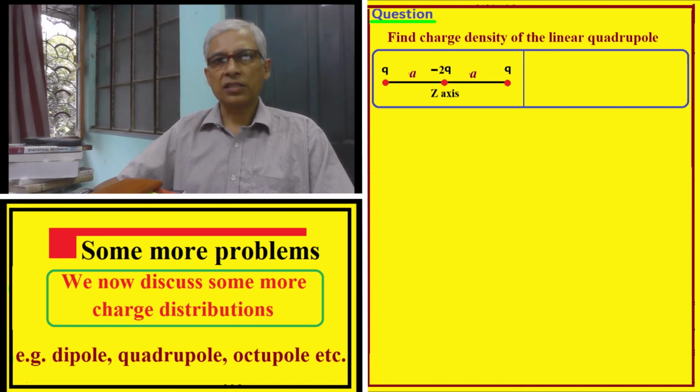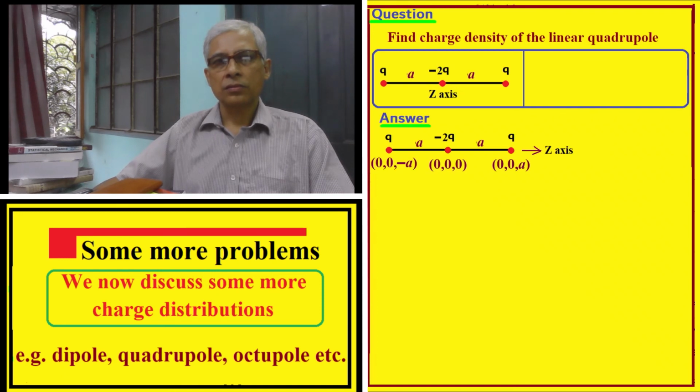The terminal charges are q and q at a distance a from the central charge, and they are placed on either side of the central charge and on the same line. The charge density can be similarly found out. The first step is to attach the coordinates as shown.